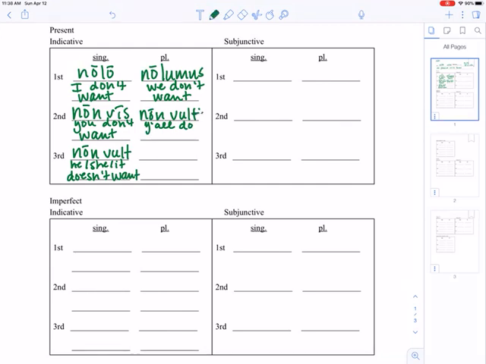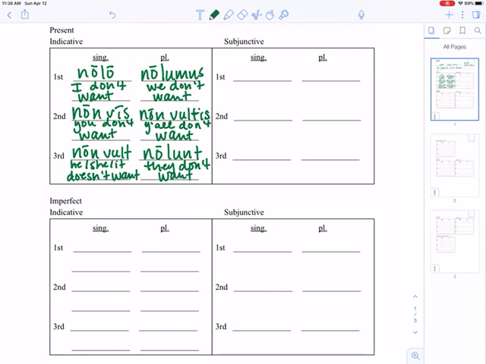Okay, y'all don't want. That's better. And then third plural, sorry, nolunt. And that's going to be they don't want.